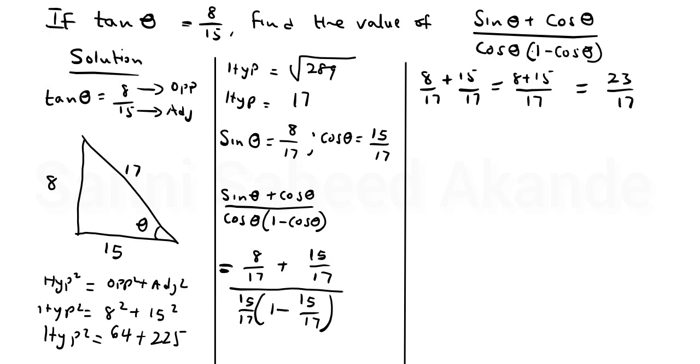Then the denominator is 15 divided by 17, then 1 minus 15 divided by 17. Then let's solve these terms in the brackets.